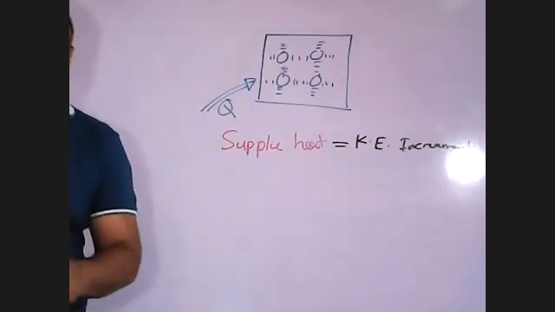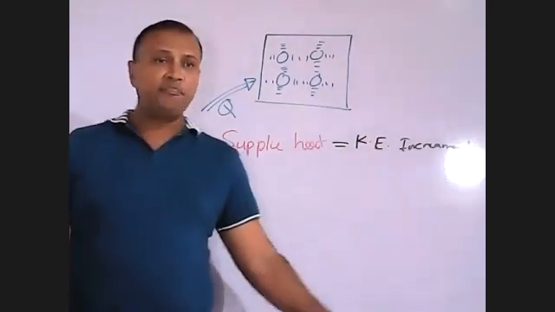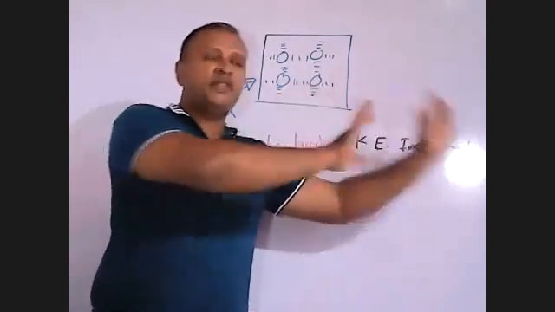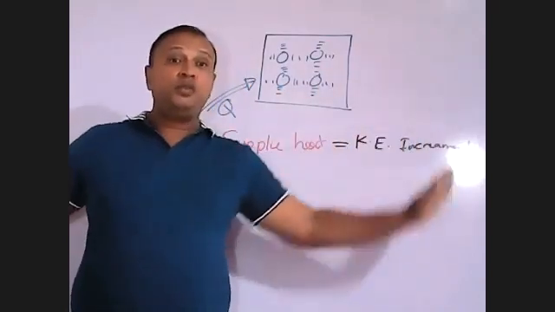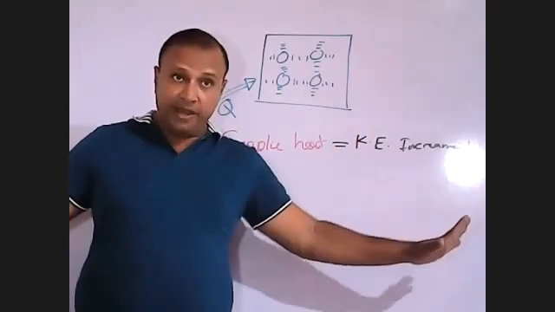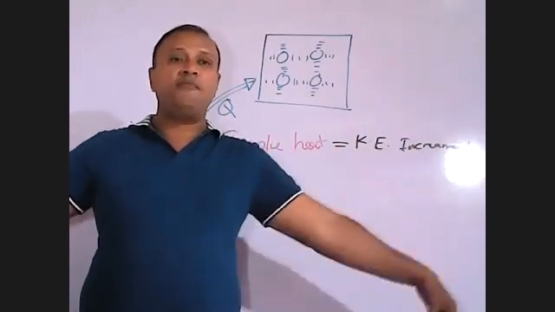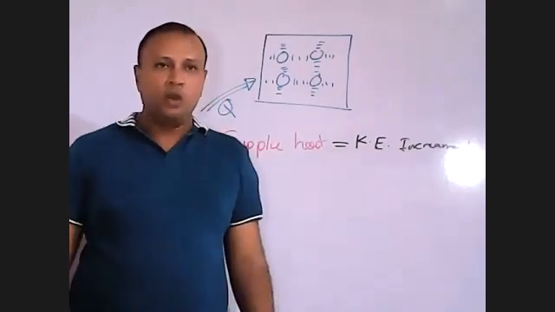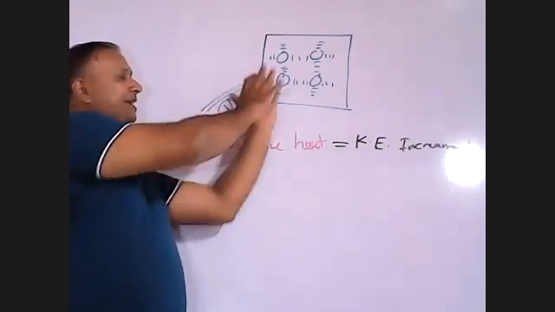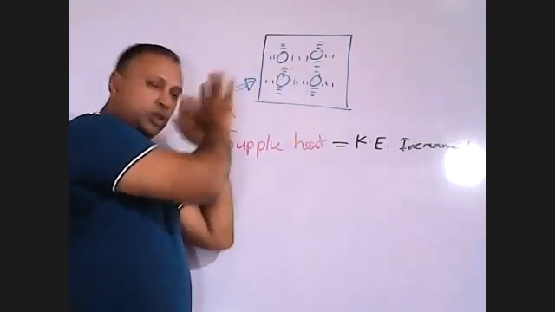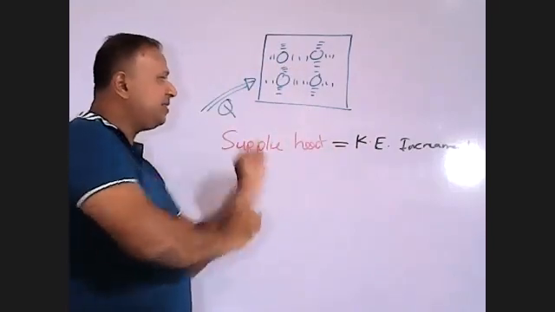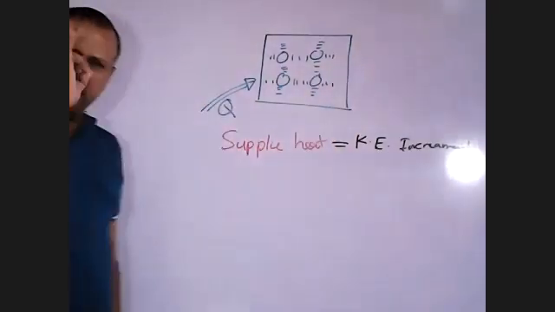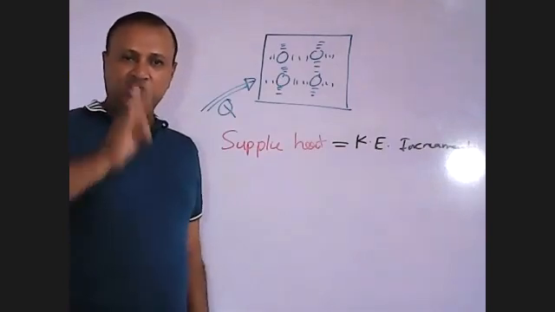Because any material can bear that increment of kinetic energy up to some extent. Therefore, up to that point, the intermolecular bonds will not be broken. The supplied heat is totally utilized to increase its kinetic energy. This is a very important thing.